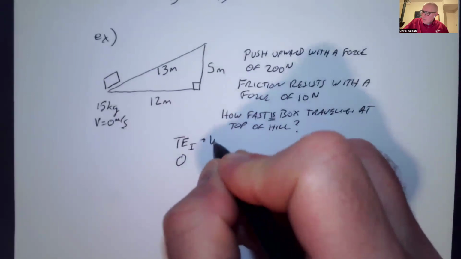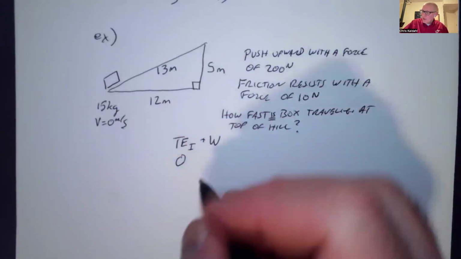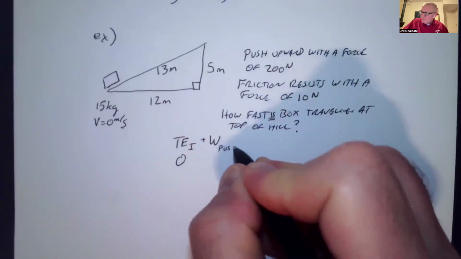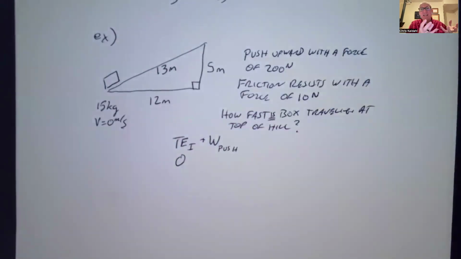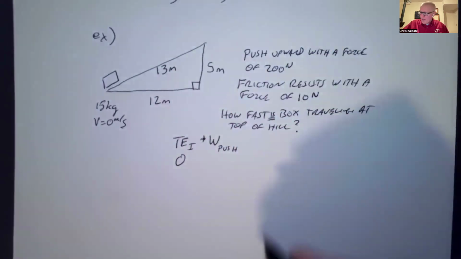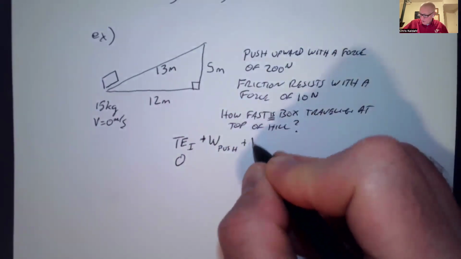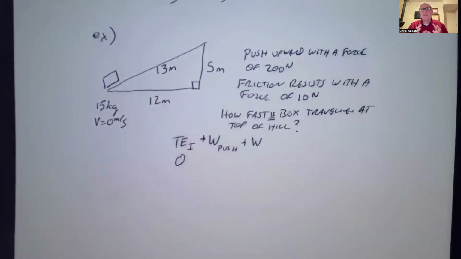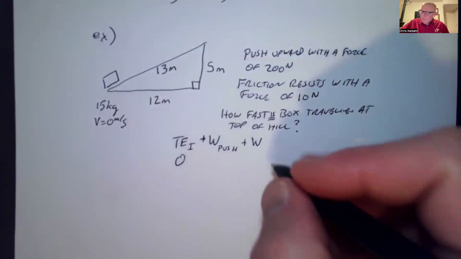There is clearly some work being done by the push, and that would be an energy gain. So we're thinking in the back of our mind, that should be a positive quantity. And I always want you to write plus on the work term, because if you're careful with signs, the signs are always going to work out.